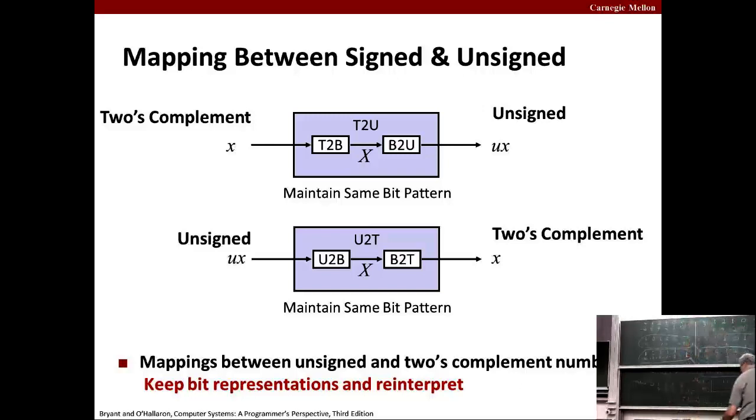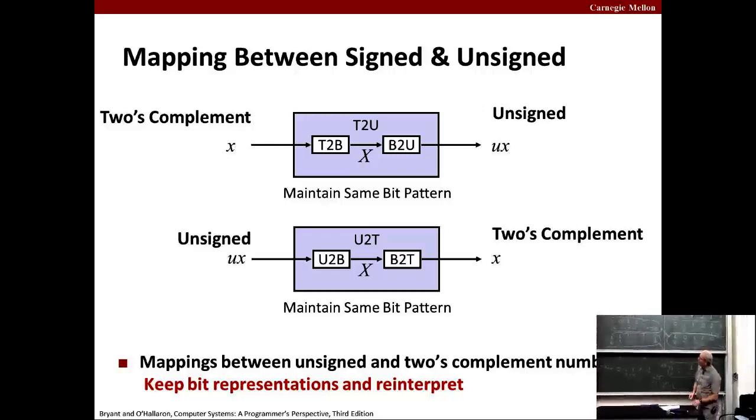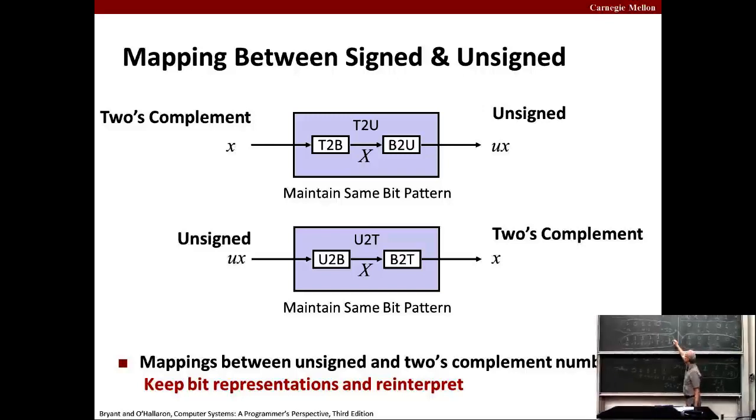So for example, if we thought of this as a 2's complement representation, it's -1. This function I'm calling t to u goes from that number -1 to this number 31, where in between the two I'm saying they both have the same bit pattern.